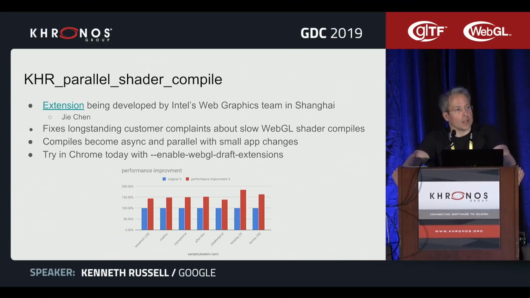So let's talk about some more functionality that's coming in WebGL. One major customer complaint has been, my shaders take too long to compile, my web page seizes up, WebGL is slow. Well, it turns out that WebGL per se wasn't slow. The amount of additional validation overhead that we added on top of the native shader compilation was actually pretty minimal.